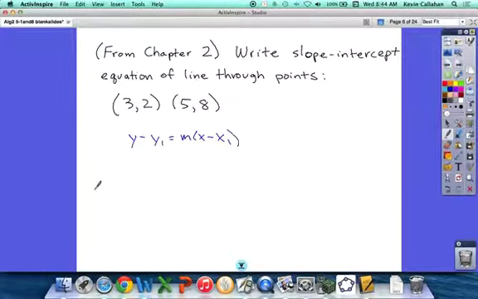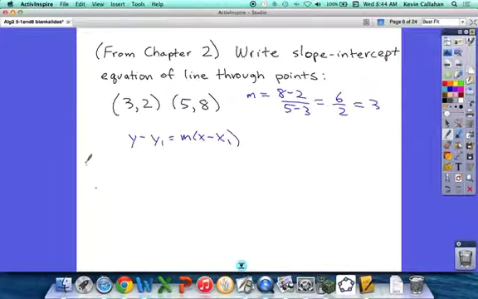And because we didn't have the slope, the first thing we did was calculate the slope. So the m of this one will be 8 minus 2 divided by 5 minus 3, which is 6 over 2, 3.